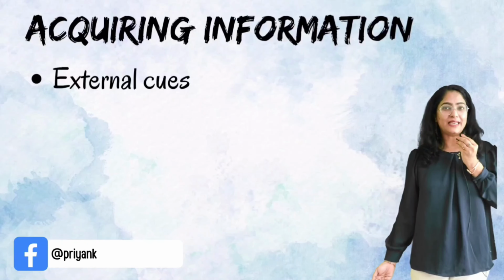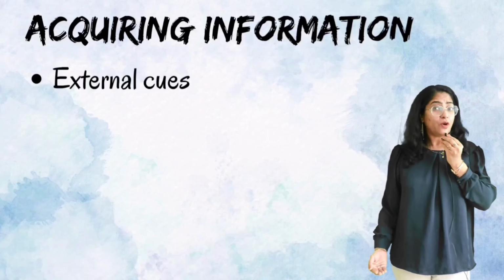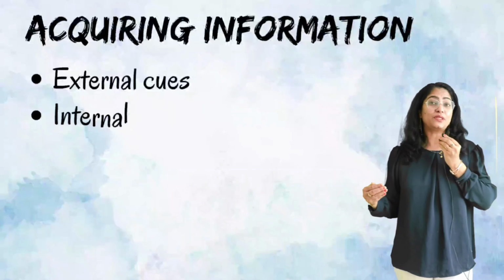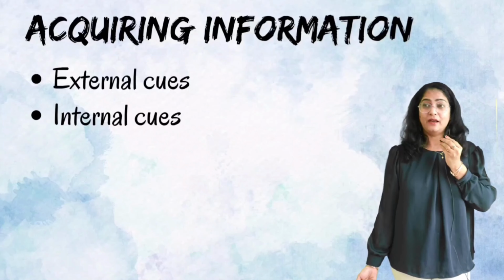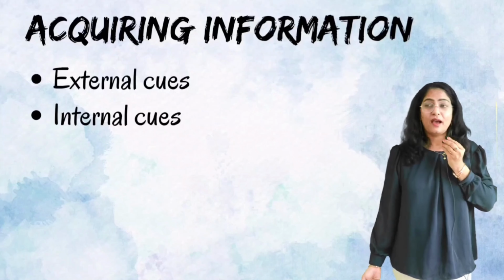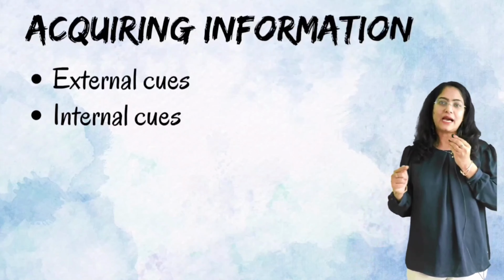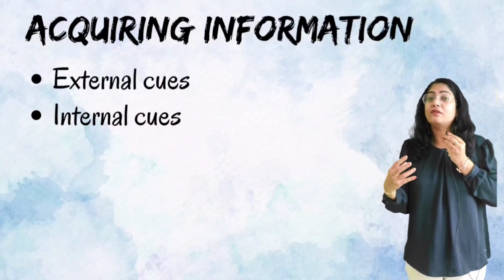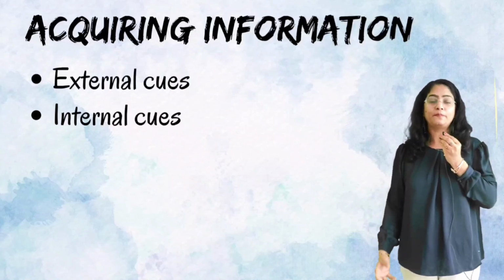So all this kind of information we gather from the environment, but we also gather information from our internal cues from the body. For example, information like I'm thirsty, I'm hungry, oh, I'm in pain. All this information helps us to perceive different kinds of sensations and to learn through them.